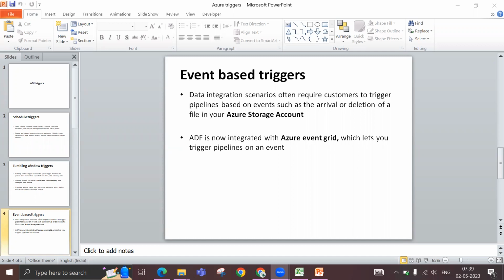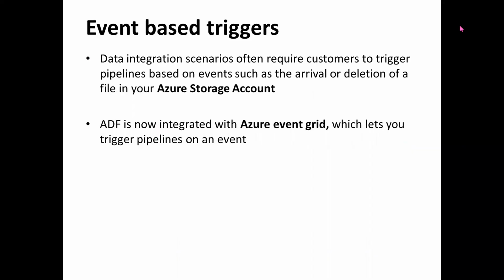Event based triggers are nothing but, let's take an example of a real time scenario. Let's say you're expecting employee or sales data from a source system, and you know what time it comes and when the data is available for the job to pick up.